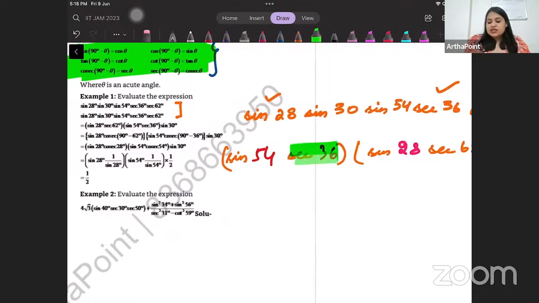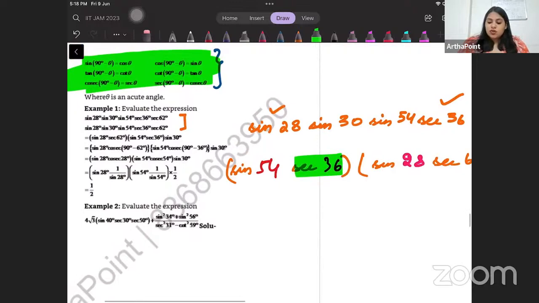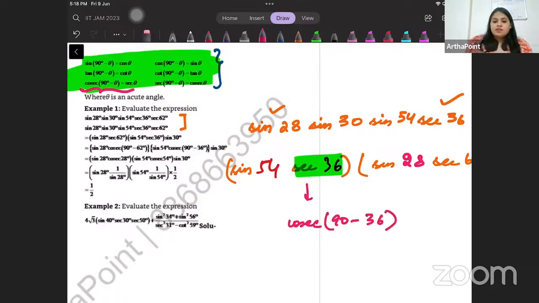Sec 36 from this rule will be cosec 90 minus theta, that means cosec 54, into sine 54.